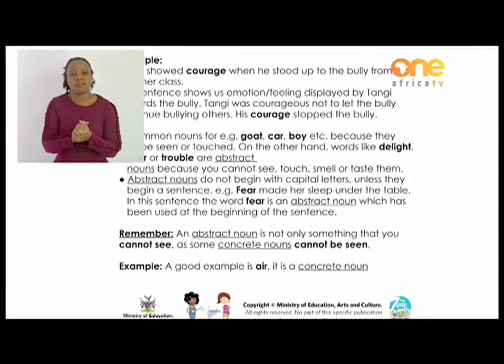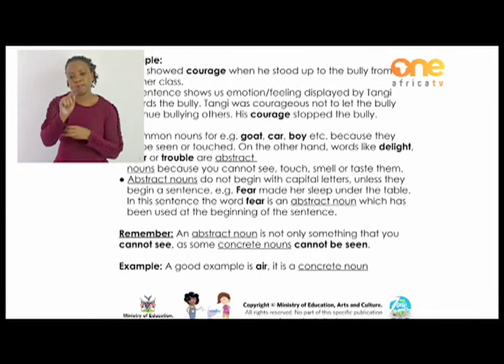I mean, you cannot taste it. All right. Abstract nouns, delight, anger, or trouble are abstract nouns because you cannot see, touch, smell, or taste them.